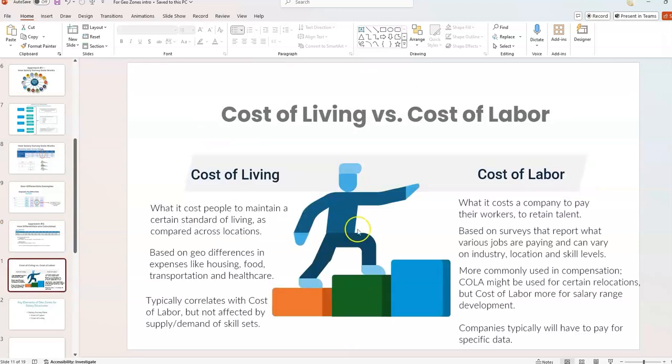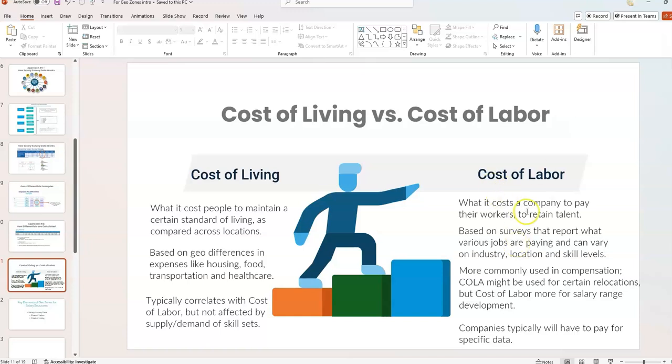And then last but not least, the cost of living versus cost of labor. I wanted to touch on the difference between these two because sometimes they are confused. Although they typically correlate with each other, they're calculated in very different ways. Cost of living could still be useful in compensation, even though for salary ranges we would rely more on cost of labor, but there are scenarios where compensation uses cost of living.